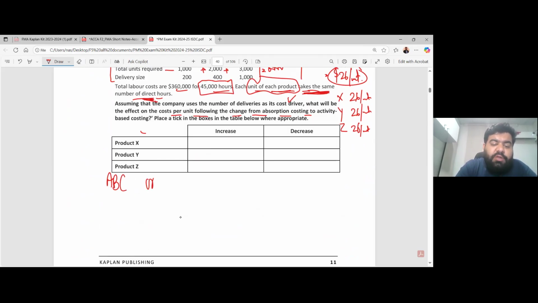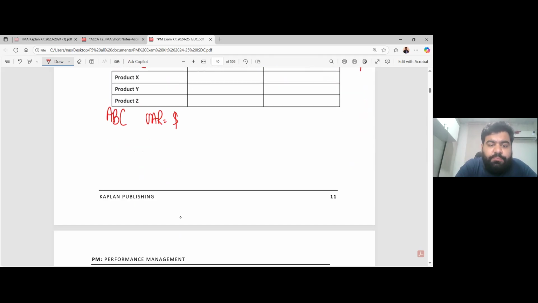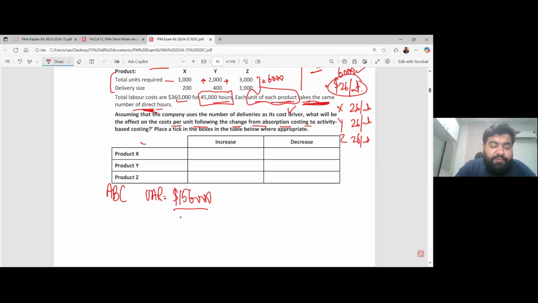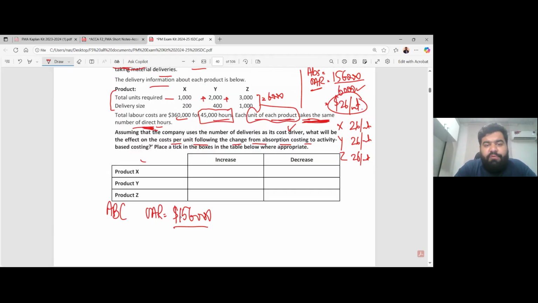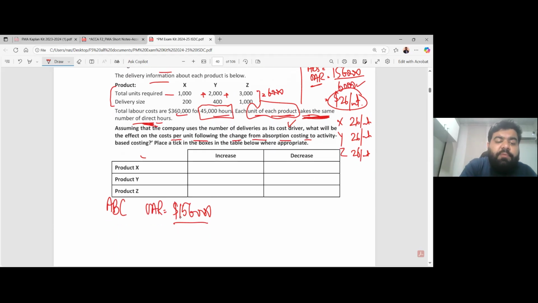According to ABC, first we'll calculate the OAR. The OAR is for delivery overhead, which is 156,000, divided by the total number of deliveries. For delivery overheads, the base will be the number of deliveries.